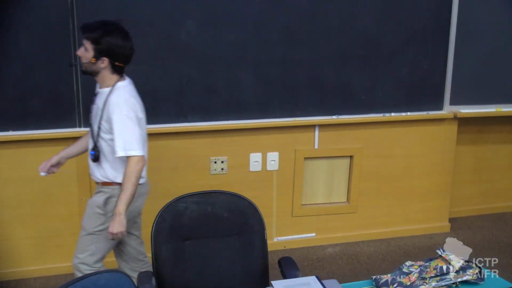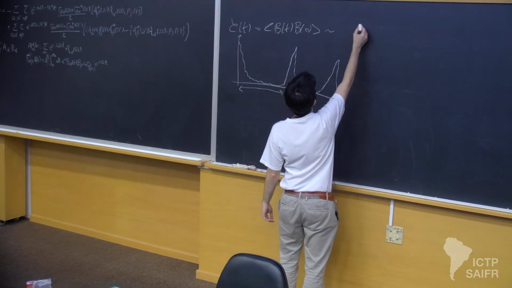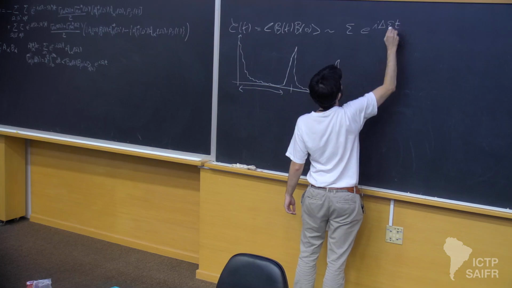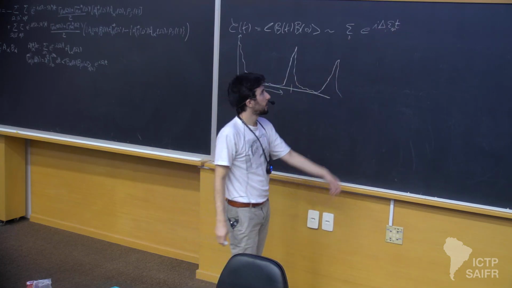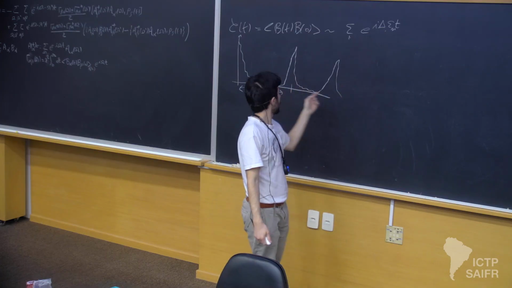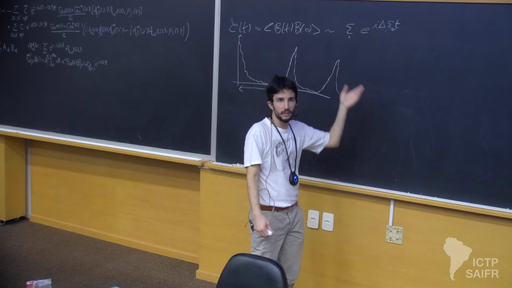So essentially, this object, roughly speaking, is a sum of exponentials with the transition energies of the bath. So if you sum periodic functions, you end up with stuff like this as long as you have a finite number of them. So this is super generic.